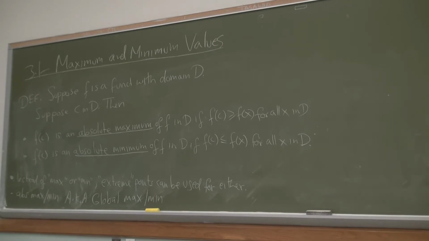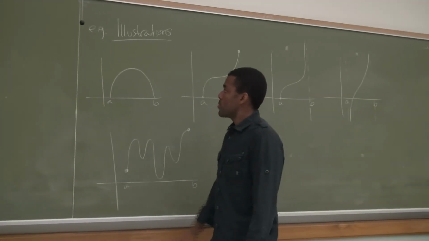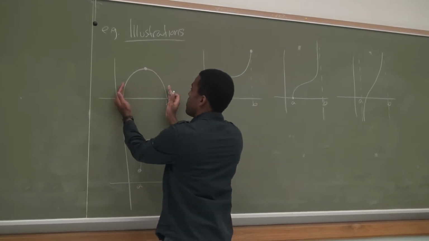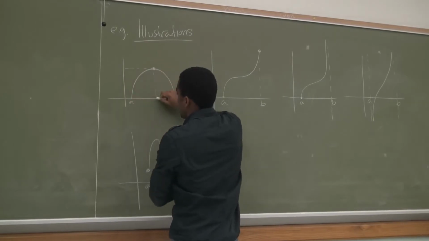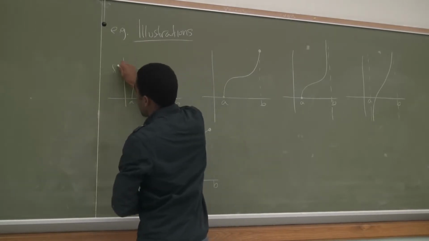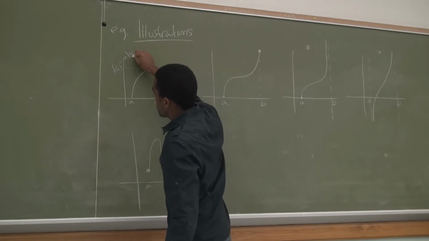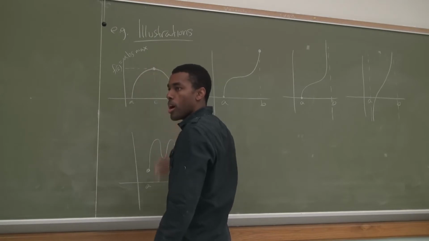What about this one? Right in the middle, right on top here, right? This is the domain. Where's the biggest value? It's going to be this point. Whatever this y value is, we're going to call that f of c. That will be the absolute max. Right? Because it's the value that's bigger than every other y value.